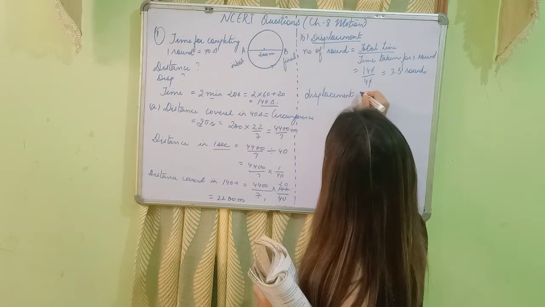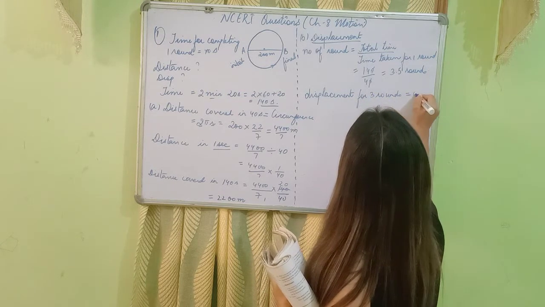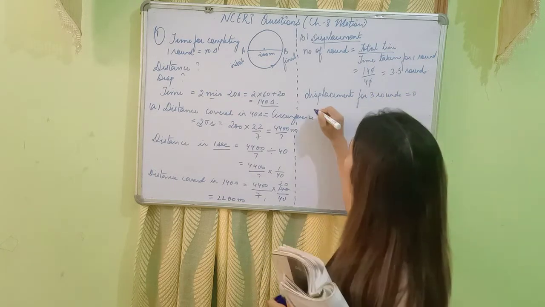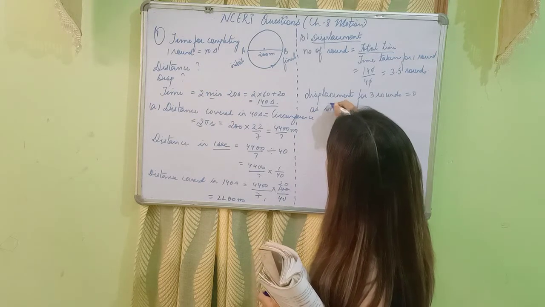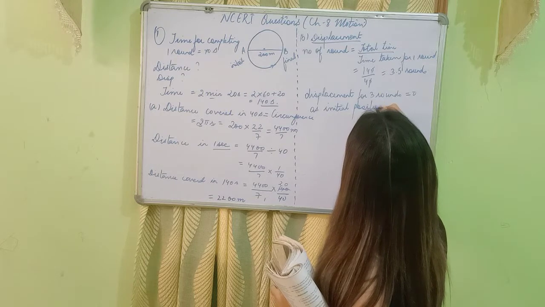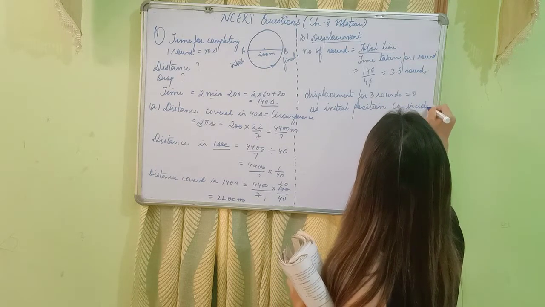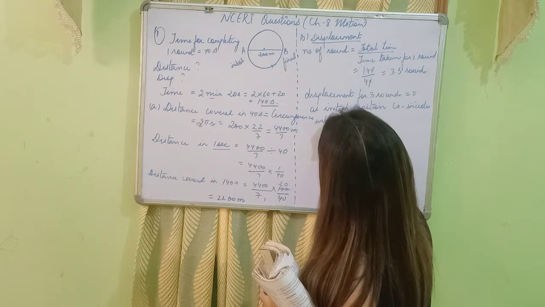Now we'll write like this: displacement for 3 rounds is equal to 0 as initial position coincides with final position.